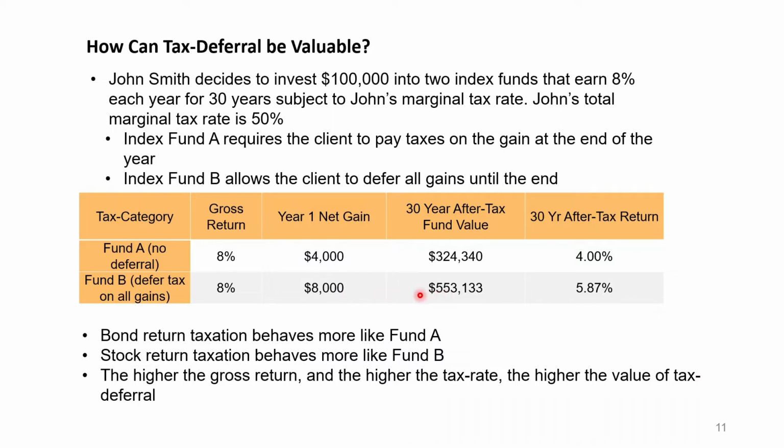We can see that after 30 years, you have $553,000, which is more than $200,000 more than if you had no deferral. So when we look at a 30-year after-tax return, it's 5.87%. By utilizing a fund that allows you to defer taxes, you're making almost 2% more simply by deferring the gains.